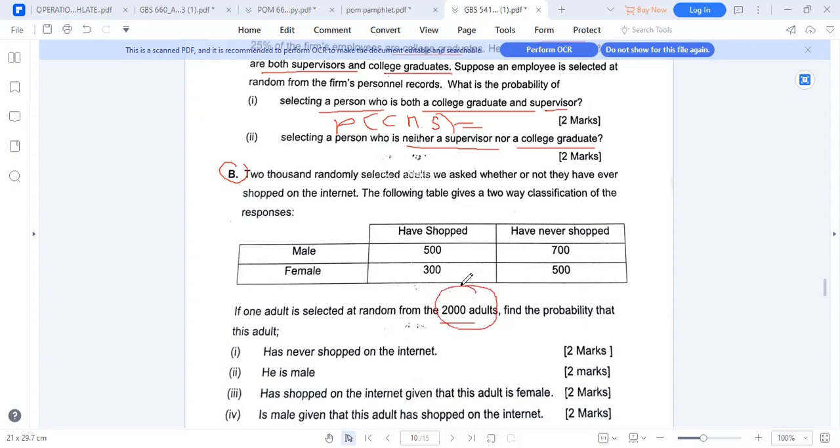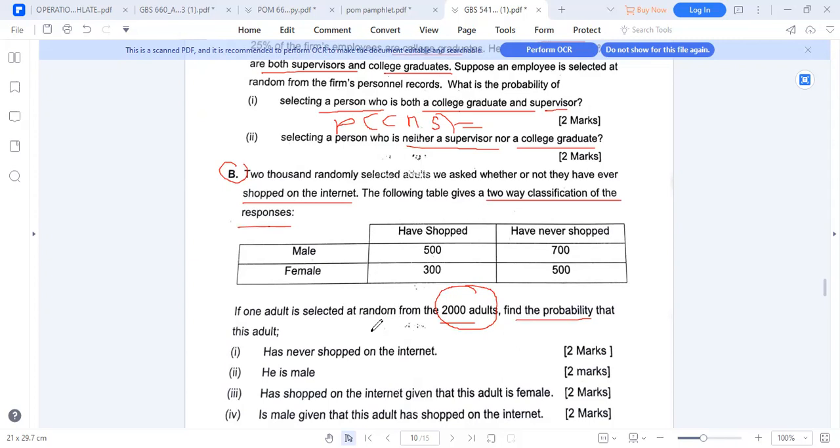So 2000 randomly selected adults were asked whether or not they ever shopped on the internet. The following table gives a two-way classification of the responses. So they have shopped and have never shopped.